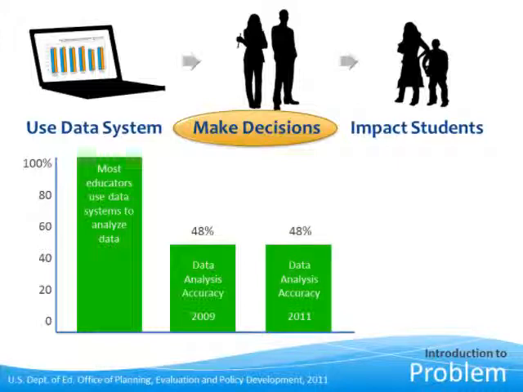In another study at 13 school districts, also considered exemplars of data use, the U.S. Department of Ed found teachers achieved only 48% accuracy, again, when making inferences about data involving basic statistical concepts. The report noted it's unlikely other districts would perform any better.